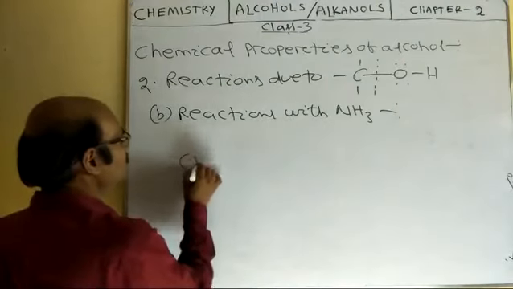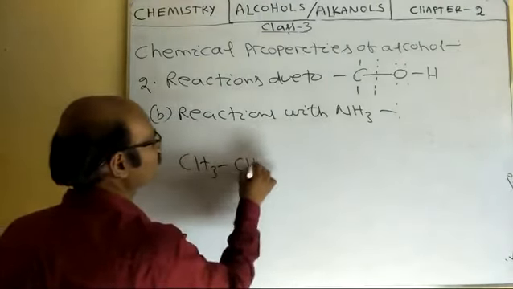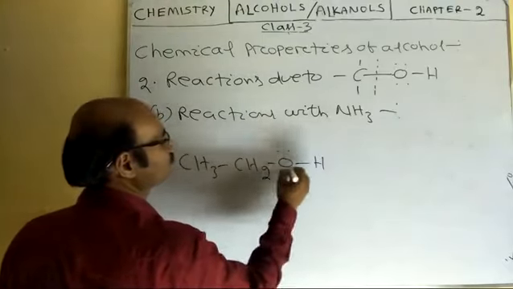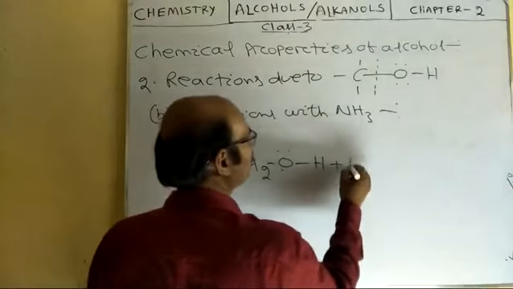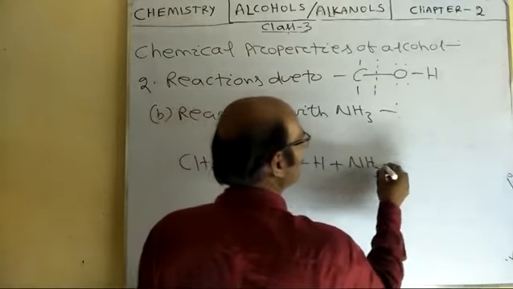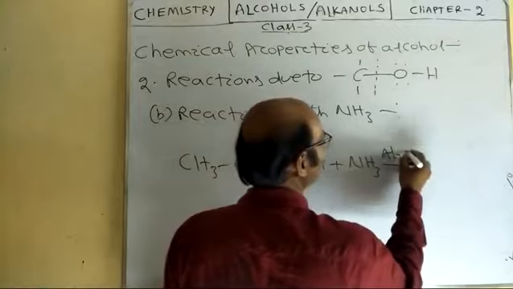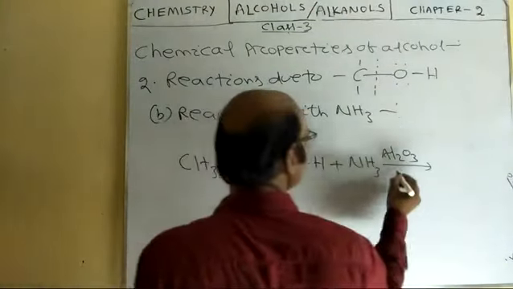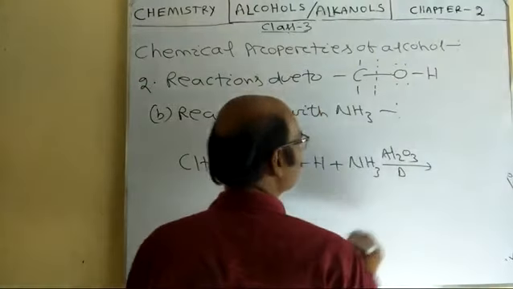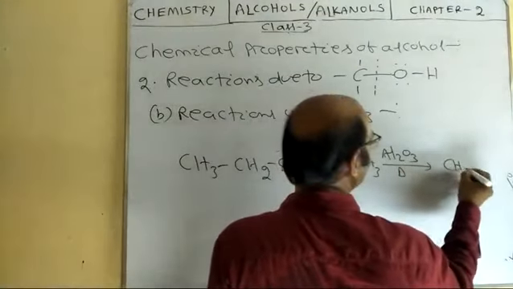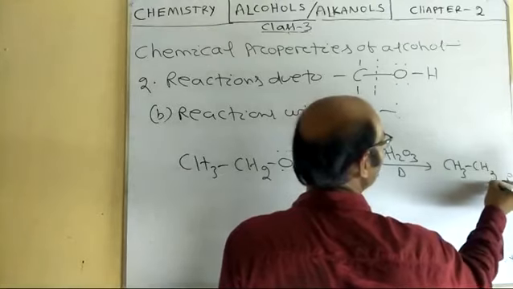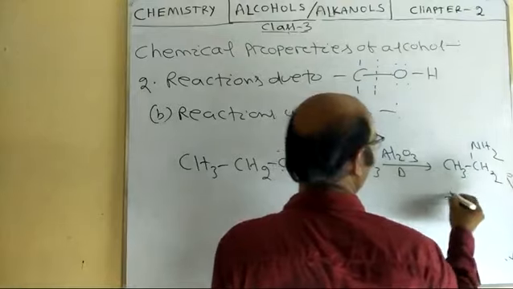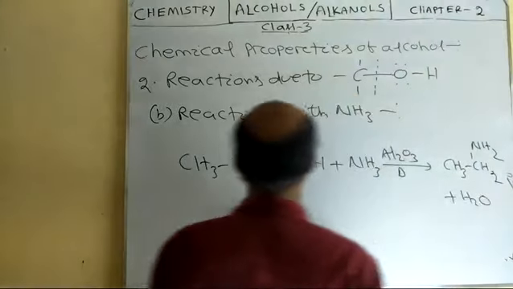If I take CH3CH2OH plus NH3, I can take Al2O3, we get CH3CH2NH2 plus H2O.